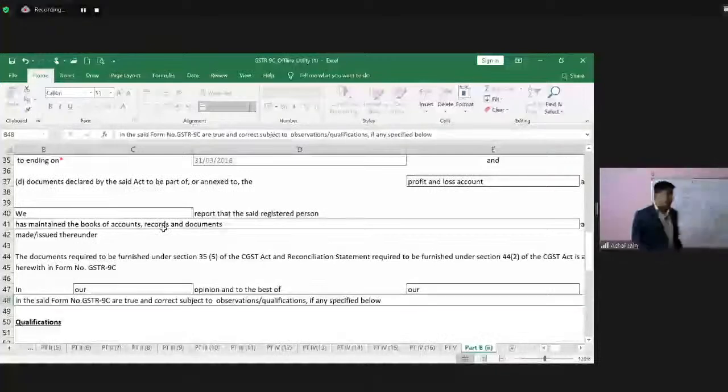So now, as a next step, what is he doing? He is giving an opinion. Opinion is again what? True and correct. And that is subject to any observations or qualifications.